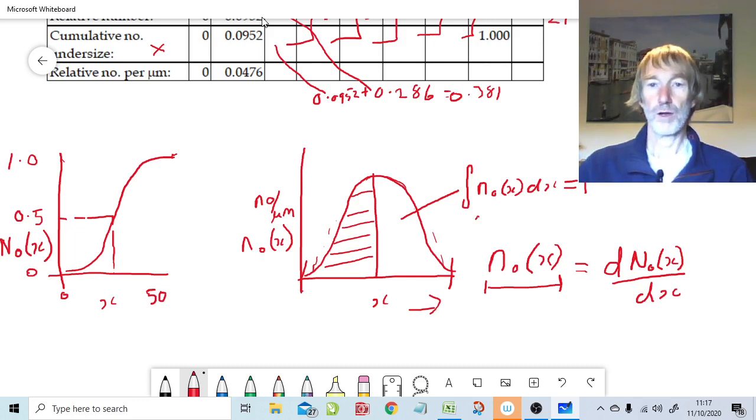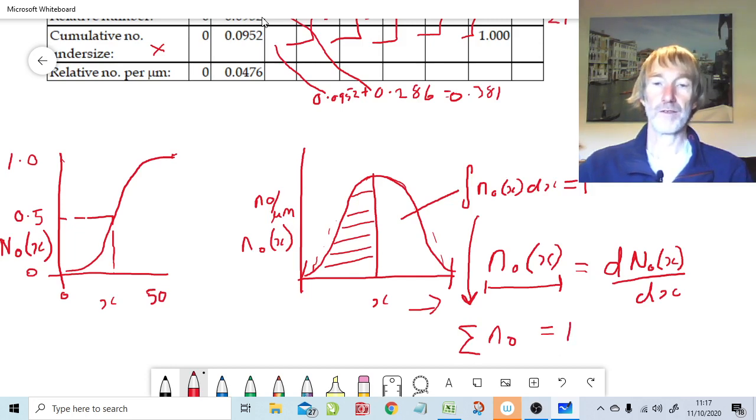I've got here an integration, but of course we can sum particle number fractions, and if we do that, they'd all sum up to 1.